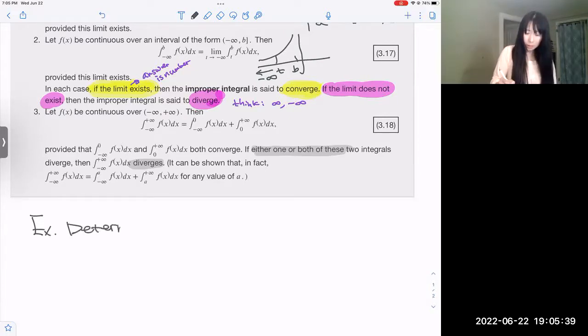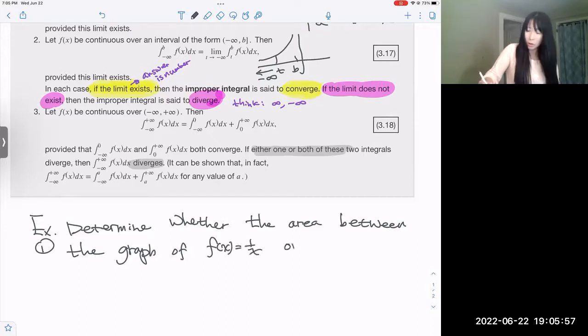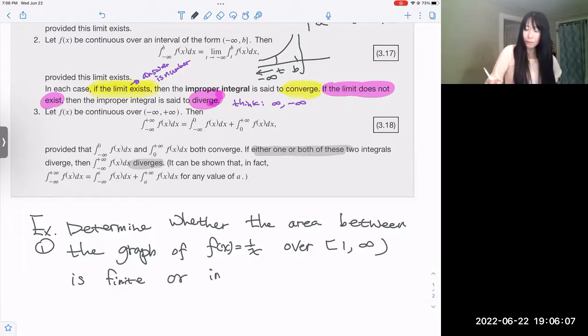Determine whether the area between the graph of f of x equal to 1 over x from 1 to infinity is finite or infinite.